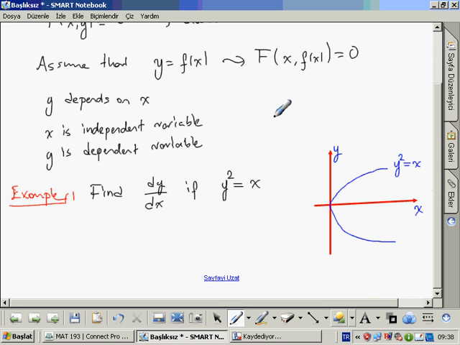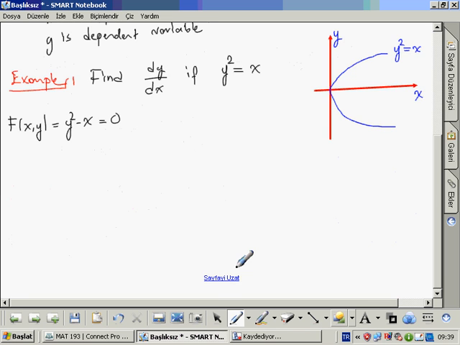x, y, and what will we do? We know that we can say this closed function capital F equals y squared minus x equals 0, and after that we take del over del x of y squared, which is equal to del over del x of x, the second part of it.